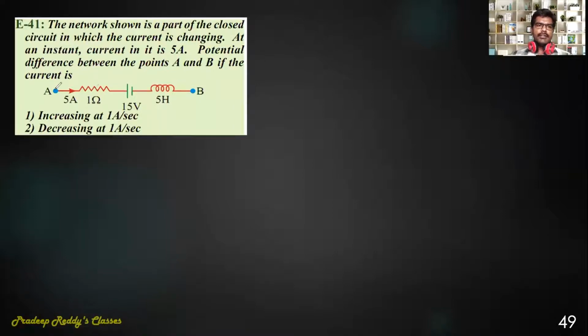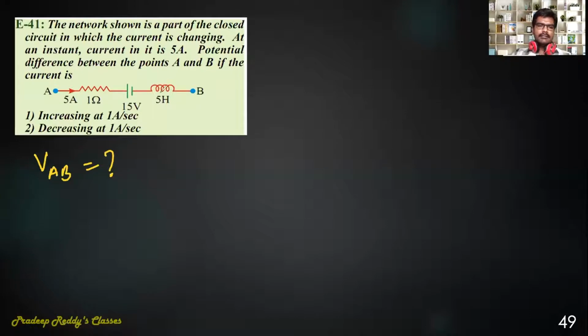So this is a network shown where A and B, you want to calculate the potential difference between A and B. In between A and B, current is passing through, and the current entering is 5 ampere at A, and it is passing through this resistor and a battery as well as an inductor.